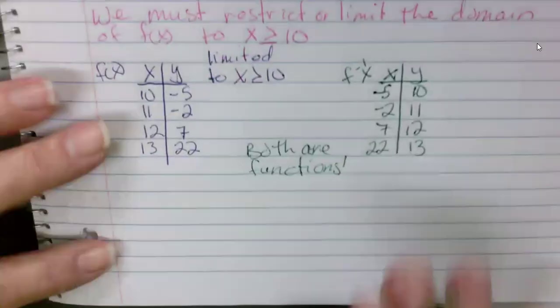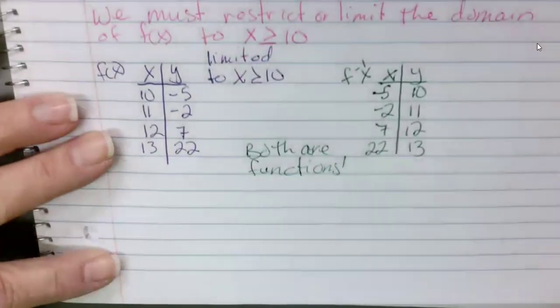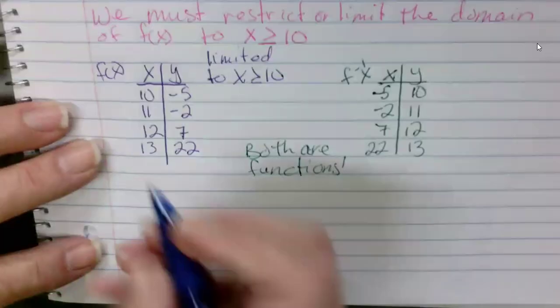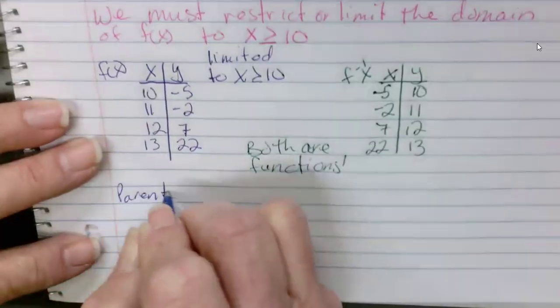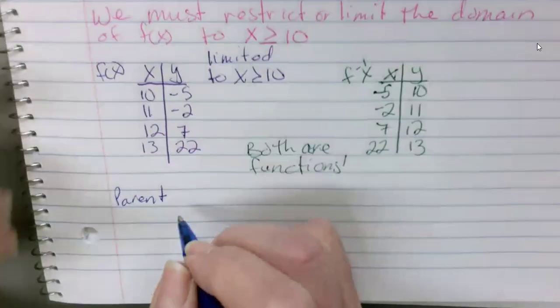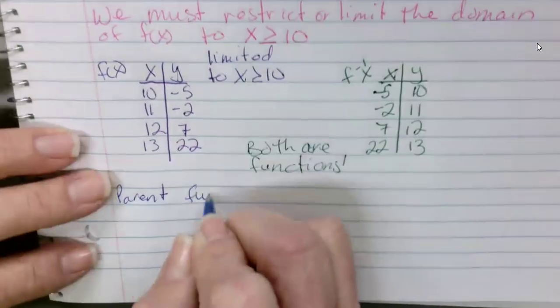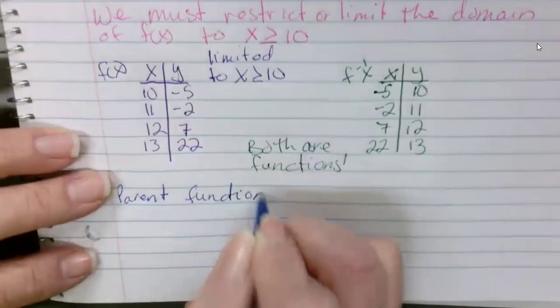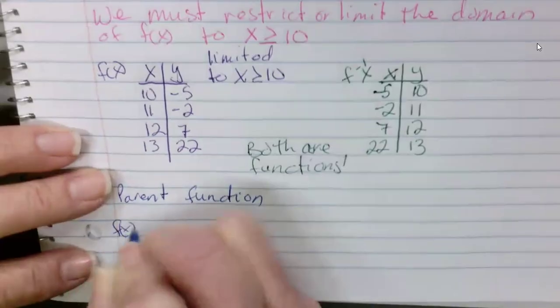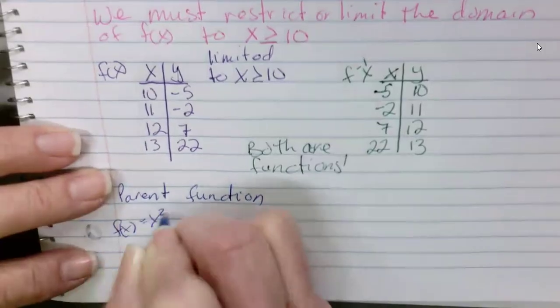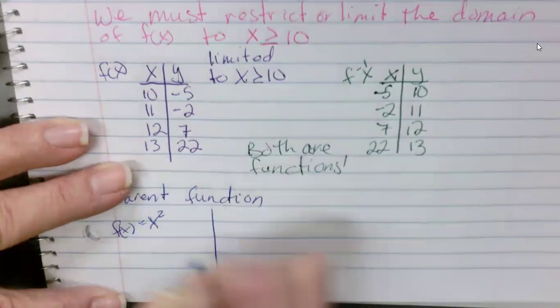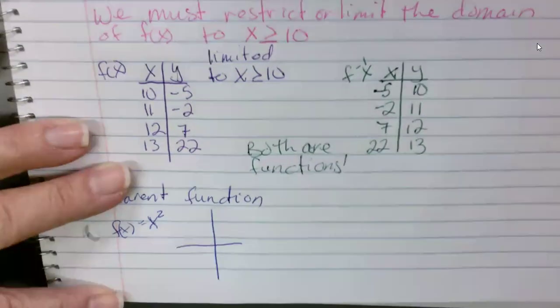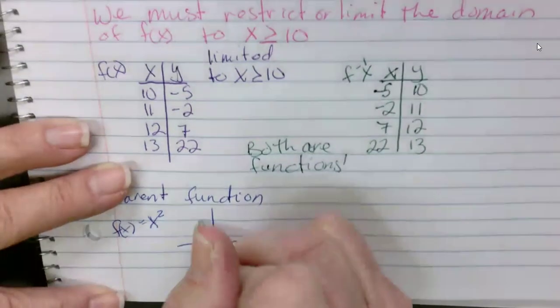So let's talk about this from a parent function perspective. We are dealing with quadratics in this next lesson. So let's look at the parent function of a quadratic. If we have f of x equals x squared, then we know that our graph is going to look something like that.